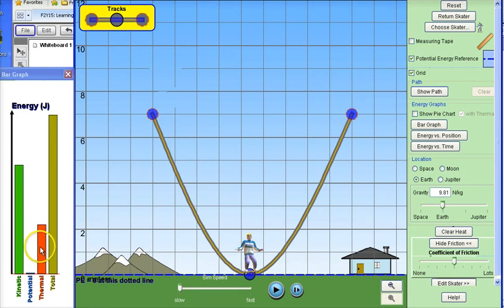Can you see that mechanical energy is not conserved anymore, because the sum of potential plus kinetic energy at B is not equal to the potential energy at A? Do we agree? So that's important to understand, that mechanical energy is not conserved when frictional forces act.